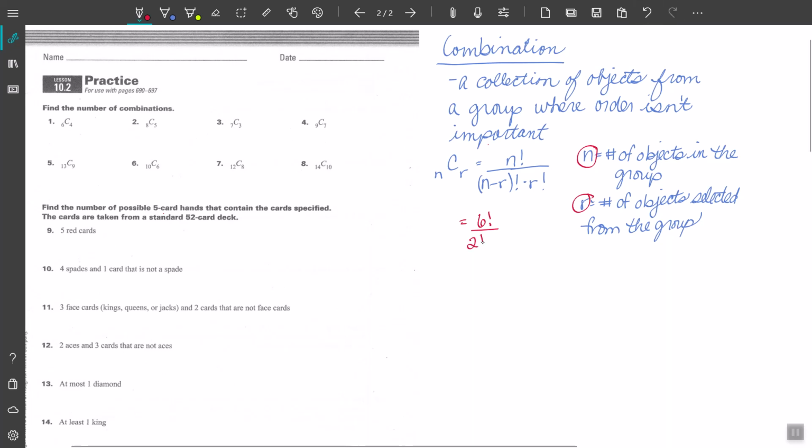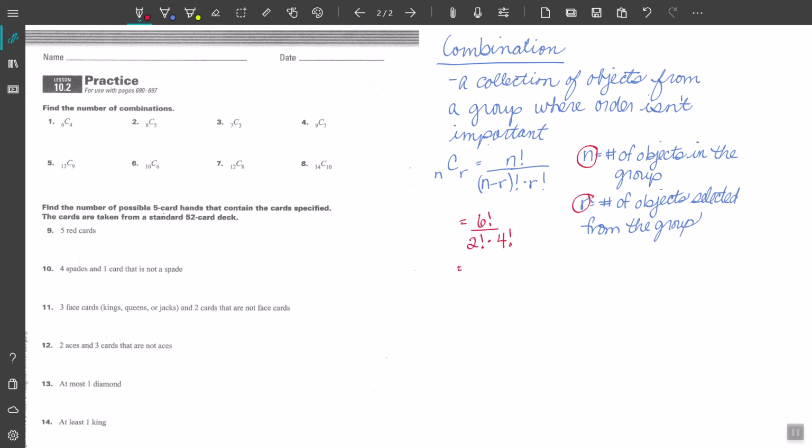So this is 2 factorial, and then I'll just multiply it by the r value, in this case 4 factorial. All right, so once we have all of that, then we're going to find 6 factorial and divide it by 2 factorial times 4 factorial.